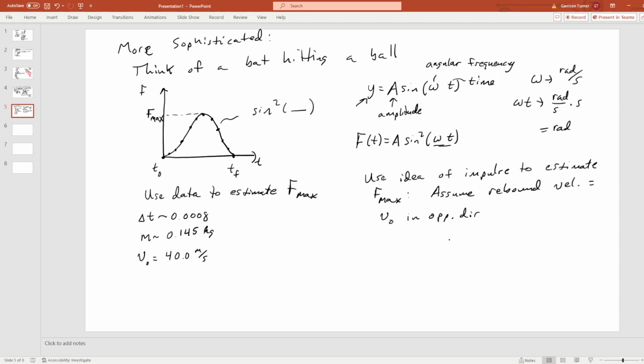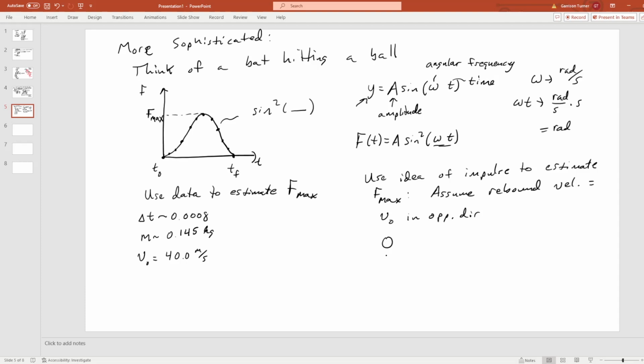Bats and clubs have a very special property in that typically the outgoing velocity is larger than the incoming velocity. So typically bats impart more energy to the ball than they had before, and so they leave with a higher exit velocity. That's what I was looking for. They leave with a higher exit velocity than an initial velocity. But for our purposes here, we'll just assume they're equal but in opposite directions.